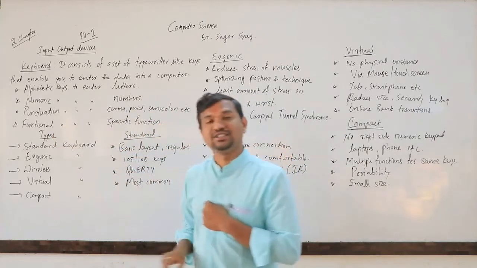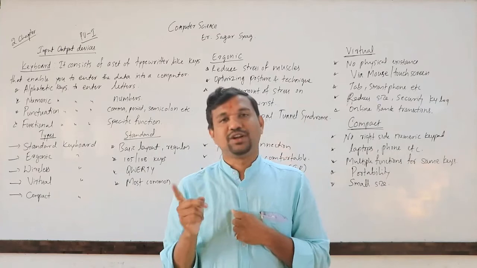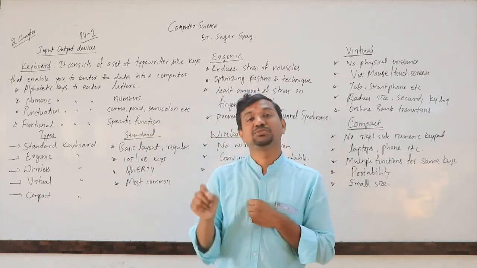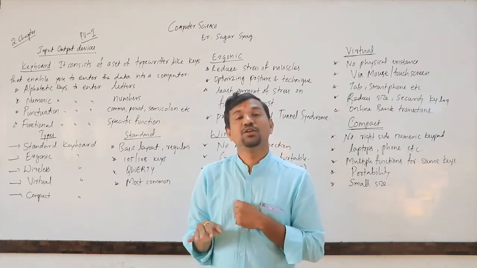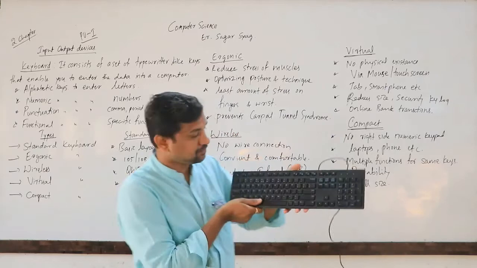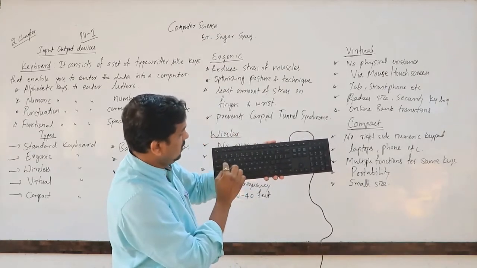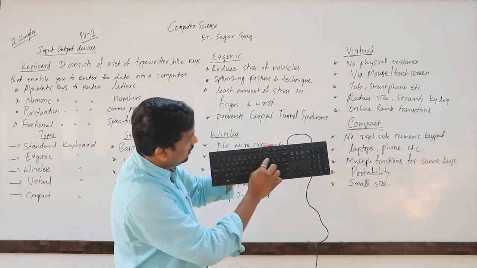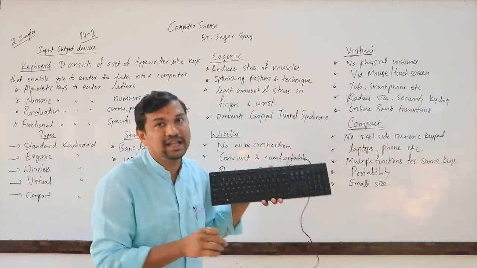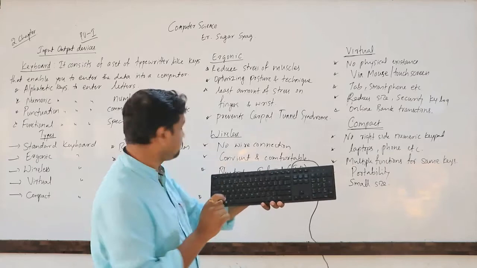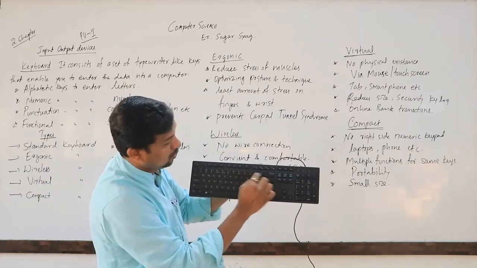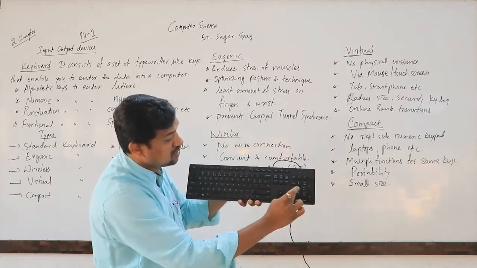Next, functional keys, which have some specific function in the computer. Now I am going to elaborate the keys. These A to Z are called alphabetic keys. Next, numeric keys: 1 to 0, here also 1 to 0.